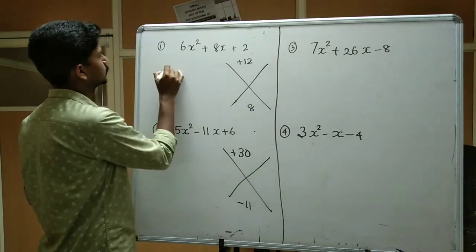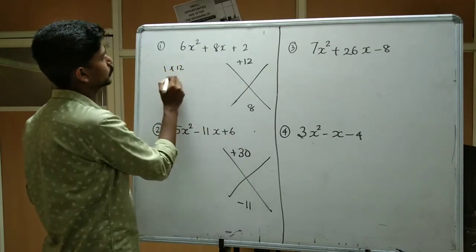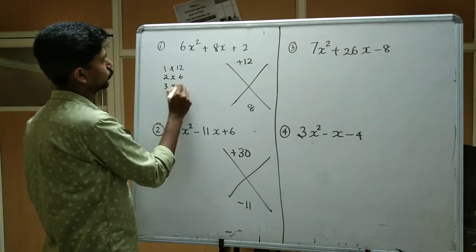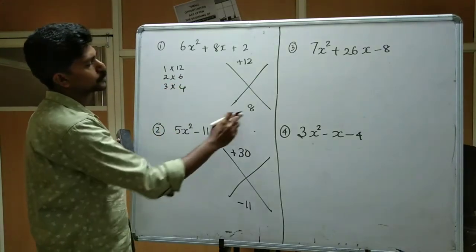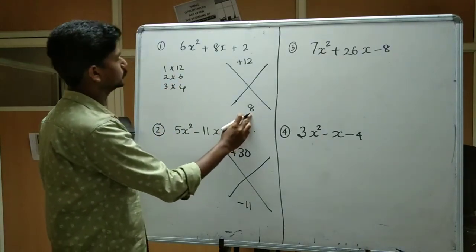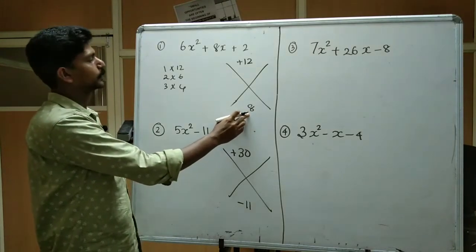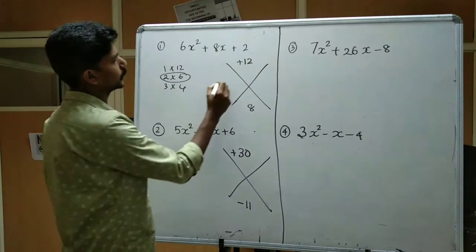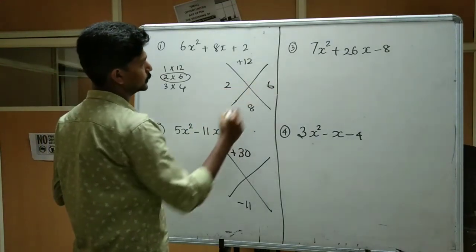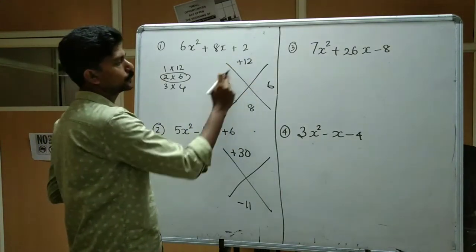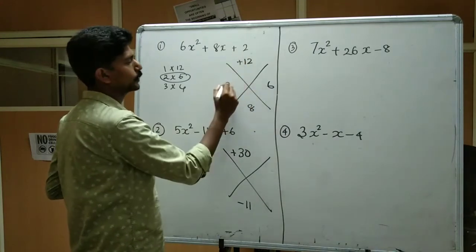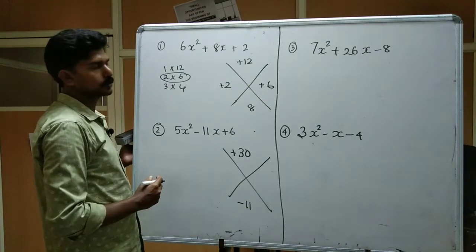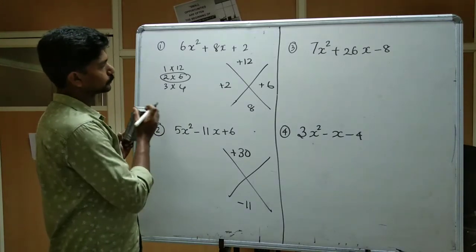The factors of 12 are 1 into 12, 2 into 6, 3 into 4. Which one, when we add we get 8? That is 2 and 6. Since it is positive, we get positive 6 and positive 2.